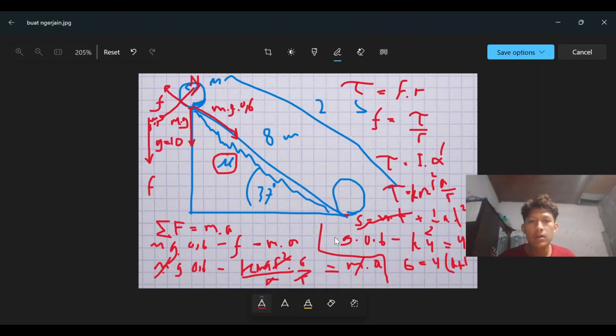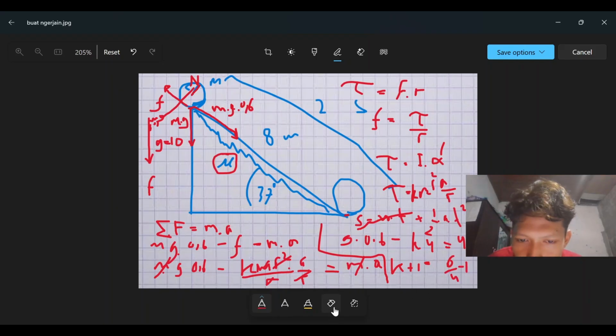Sine of 37 is 0.6. Next, 6 divided by 4. Wait a minute. 6 divided by 4. k plus 1 equals 6 divided by 4 minus 1.